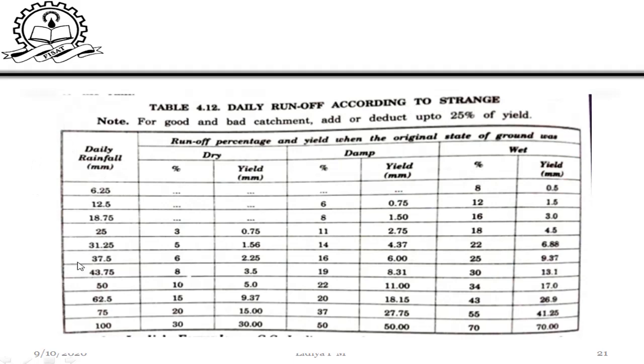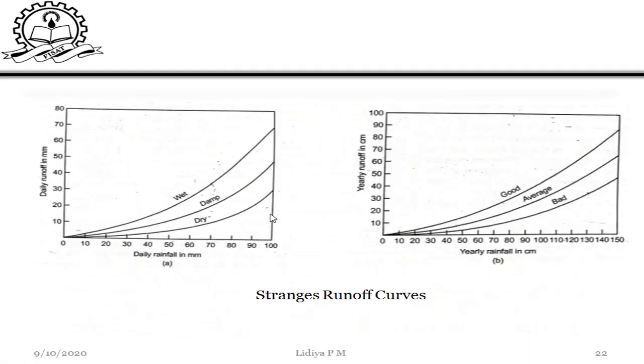This represents daily rainfall, and for a dry area, this column represents the percentage of runoff, and this is the runoff in mm. For each condition, dry, damp and wet, the runoff percentage and its value in mm are given.